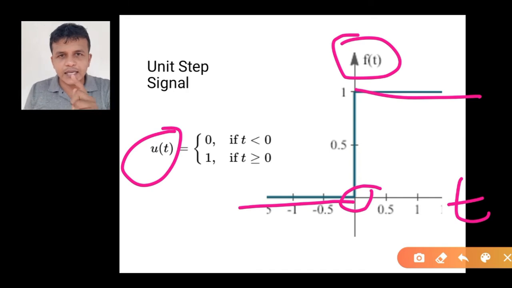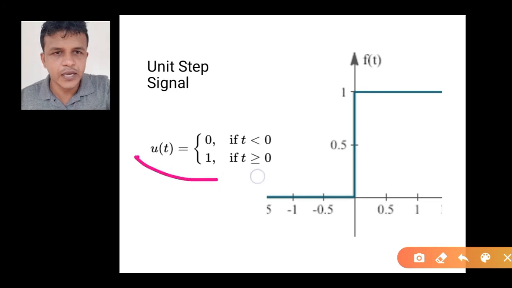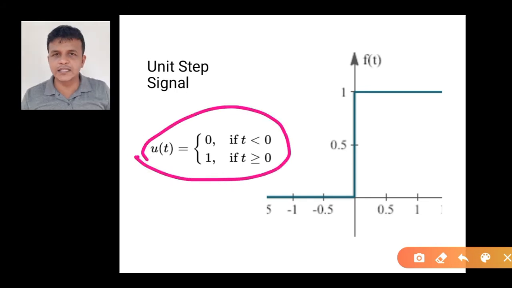The instant when you touch the switch, t becomes 0 and the amplitude shoots up to 1. So it is switched on. That is considered a unit step signal. Here it is given in equation form: u of t equal to 0 if t less than 0, u of t equal to 1 if t greater than or equal to 0. That is the unit step signal.